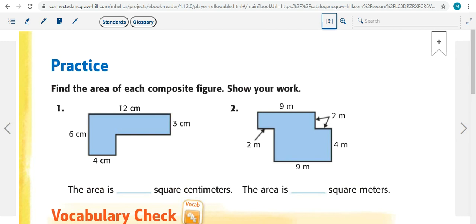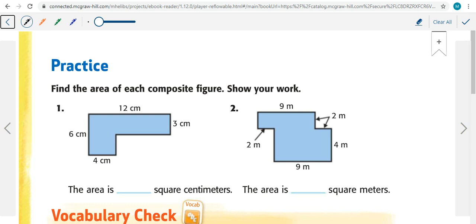Now, how can you decompose this first figure? You can do it like this. This is rectangle 1 and rectangle 2. Now, let's start. The area of rectangle 1 will be 6 times 4 is 24, plus we need to find the area of rectangle 2.